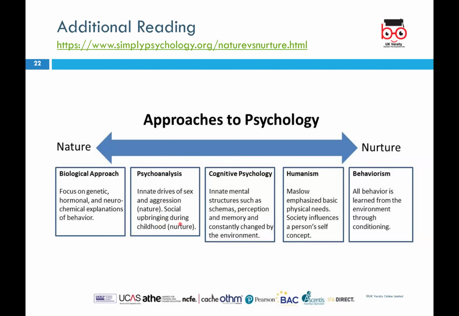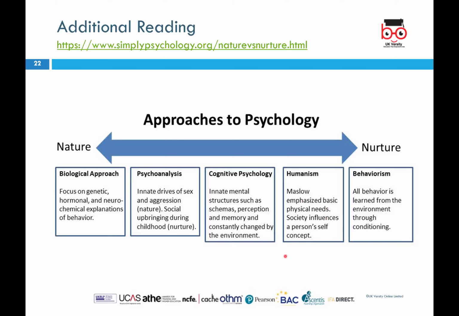Okay, so there's nature and nurture here. Then there's cognitive psychology, which says that there are innate mental structures such as schemas. There's perception and memory, and constantly this is changed by the environment. So whatever you are, it is constantly changed through your environment. Humanism is Maslow's theory, who emphasized the basic physical needs of an individual and the societal influences, which influence a person's self-concept.